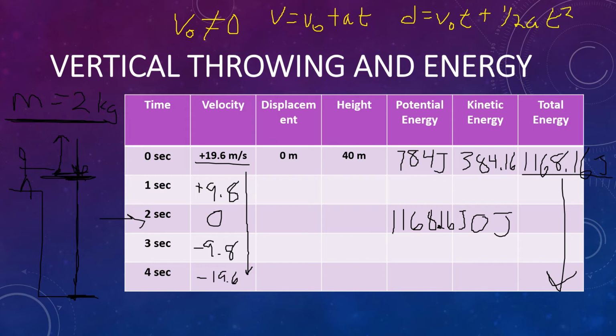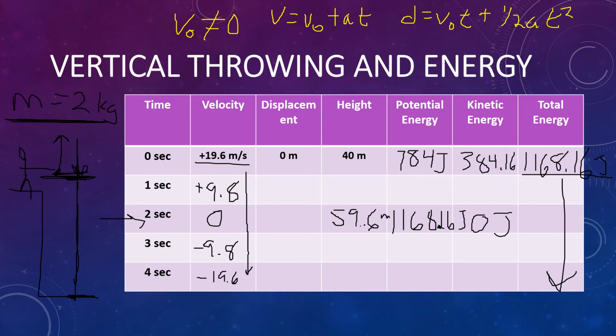I plug that into the PE equation. I divide it by 2, the mass, divided by gravity, and I'm left with the height, which is 59.6.